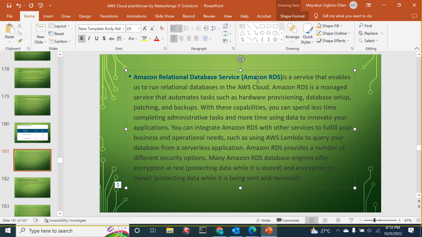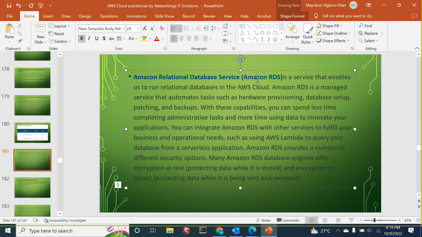Amazon RDS provides a number of different security options. Many Amazon RDS database engines offer encryption at rest, protecting data while it is stored, and encryption in transit, protecting data while it is being sent and received.